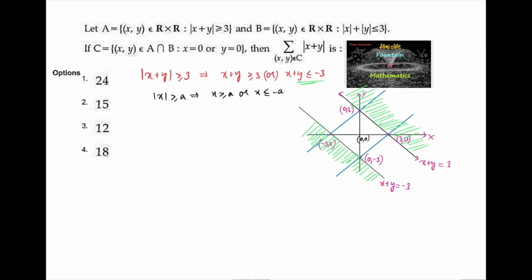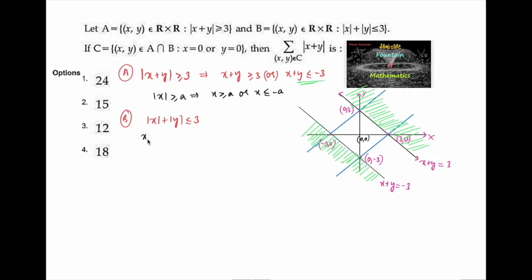And coming to the set B, set of ordered pairs x comma y such that mod x plus mod y less than or equal to 3.